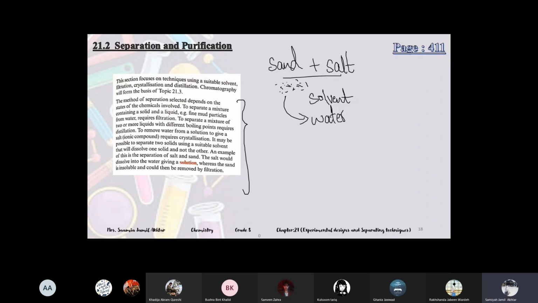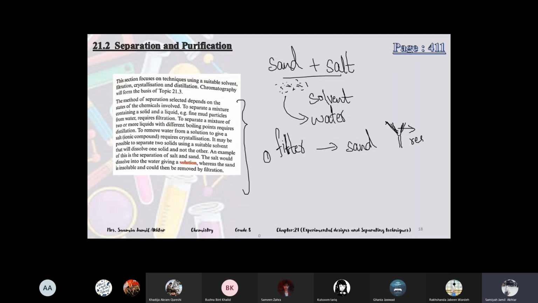We will filter it. When we filter it, the sand will get separated out. It will remain on the filter paper. But what is that substance called which remains on the filter paper? Residue.